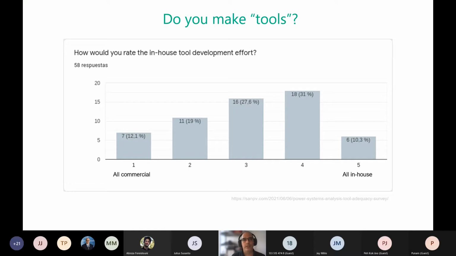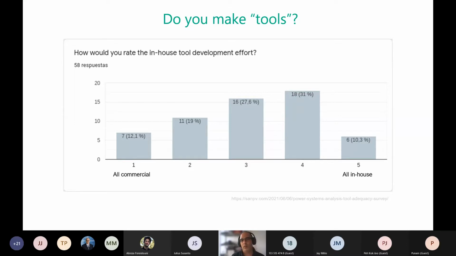Because of this, I also asked the next question. How would you rate the in-house tool development effort? 12% said all commercial, and 10% said all in-house, so probably those are the outliers. I'm guessing the 6% is RTE in France, which has a very strong open source policy. But the rest lies in between.